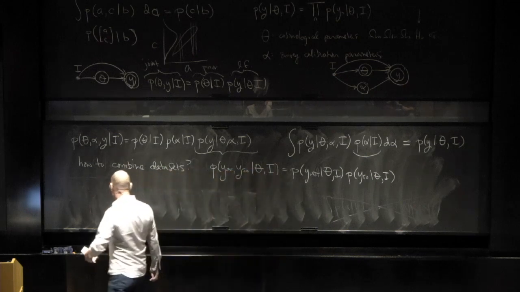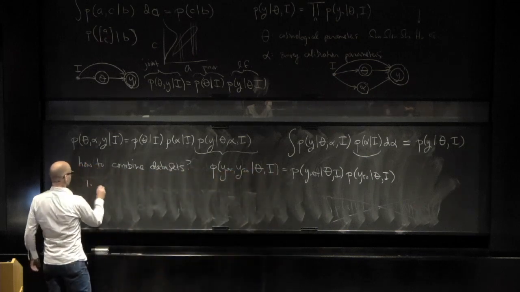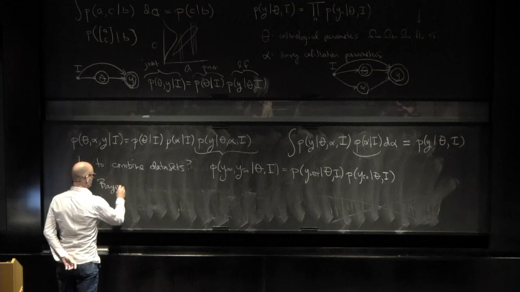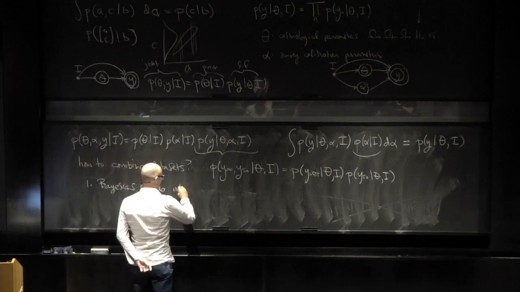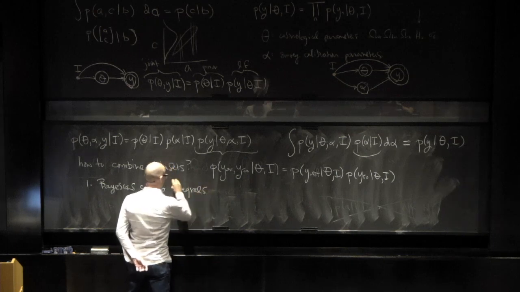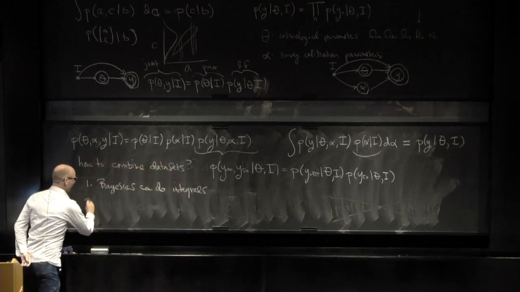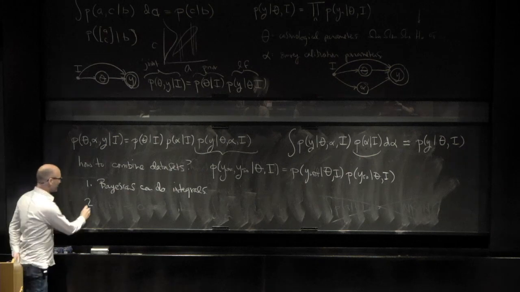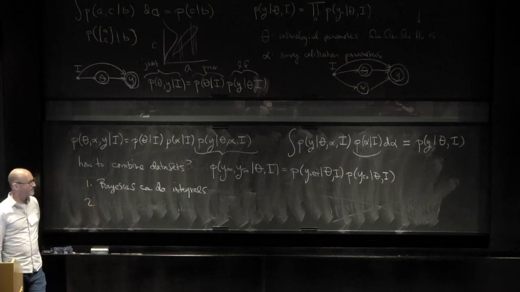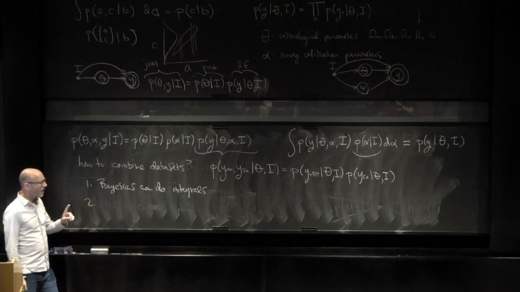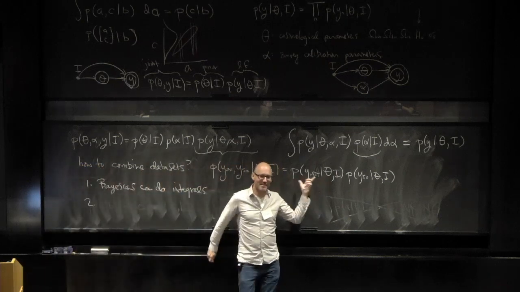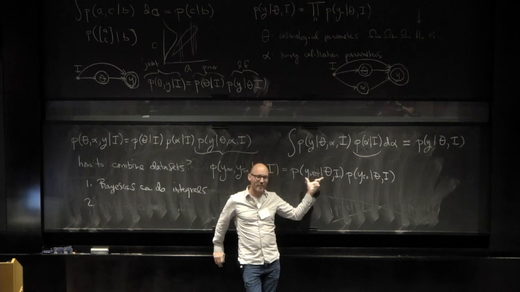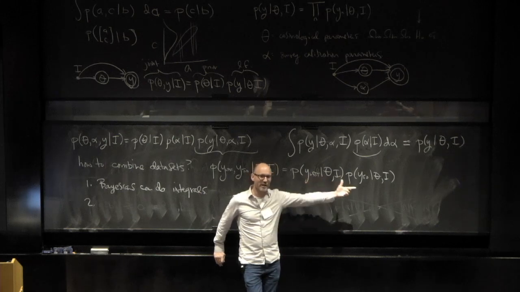Okay, good. So a few comments to make. One is Bayesians can do integrals. That's one point. Another point is notice here that LSST is handing forward this likelihood function so that people can do inferences.